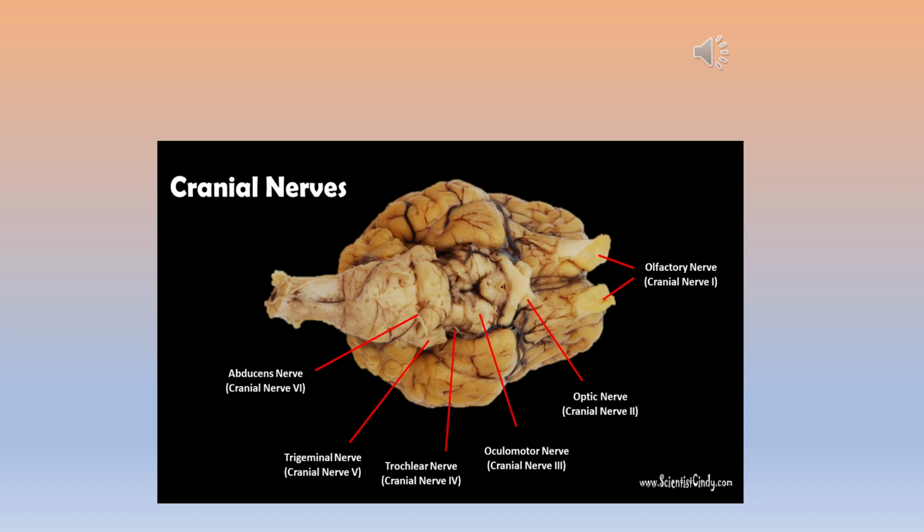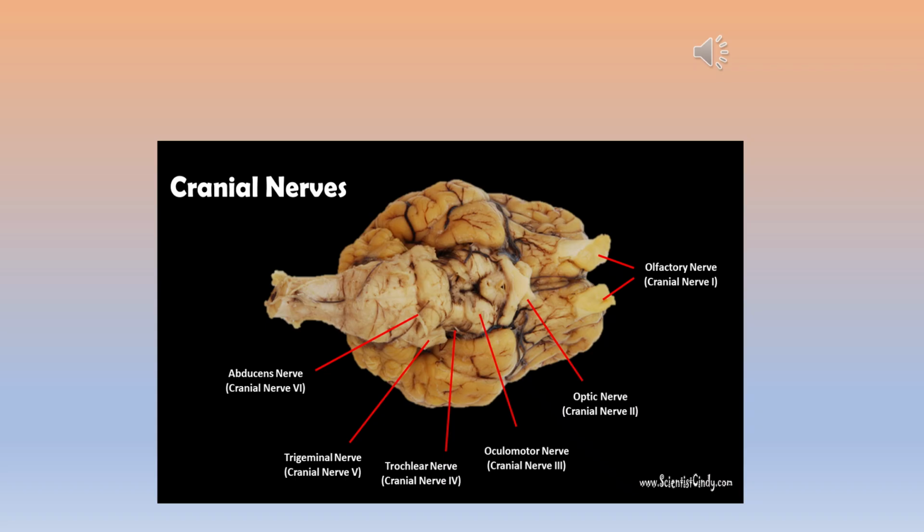They are very small and very fragile nerves. So the actual olfactory nerves are not seen. What you see is the olfactory bulb. She's got that pointed to. They continue back to the temporal lobes where we have the olfactory cortex for perception of the sense of smell. All right, so anyway, just go with olfactory bulbs for those two things that she has labeled olfactory nerve.